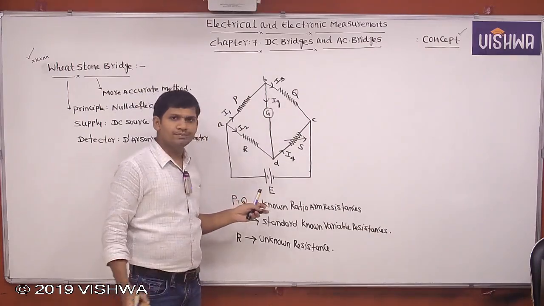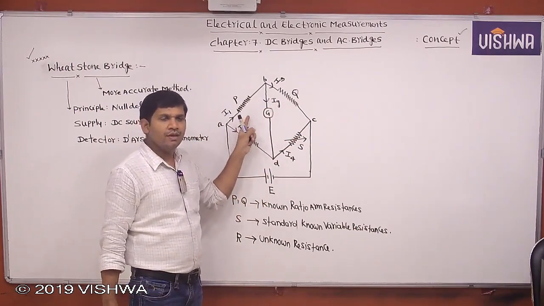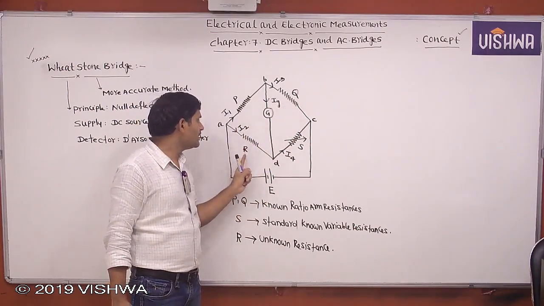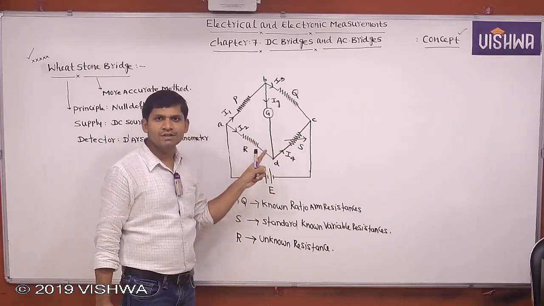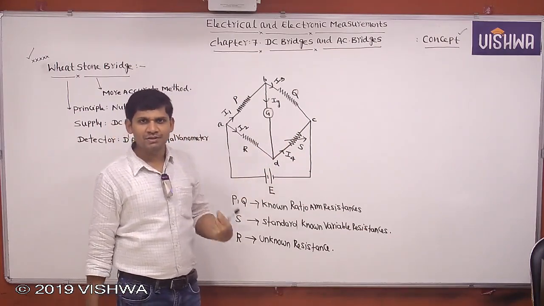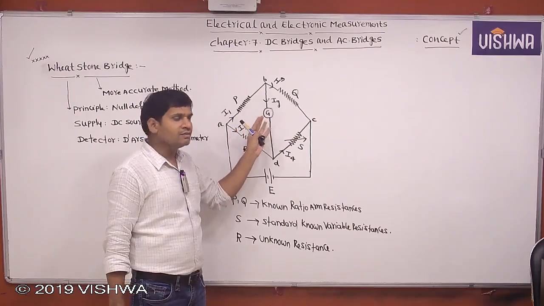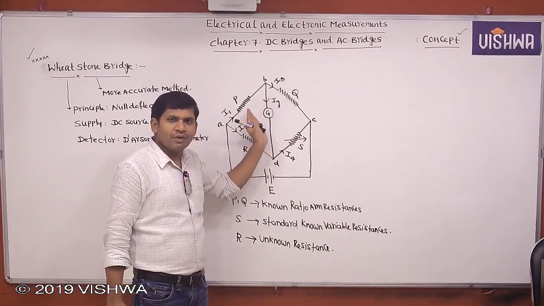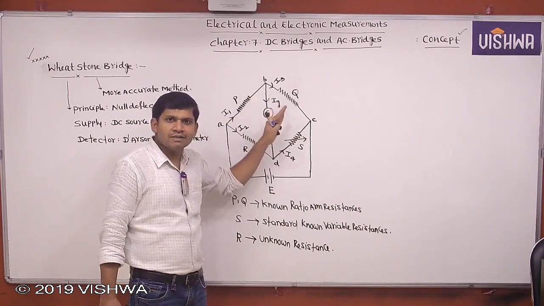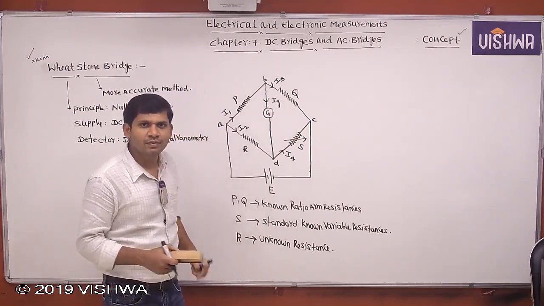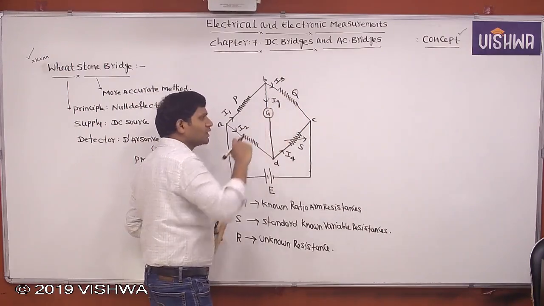Let us assume that with these values of resistances P, Q, R and S, the bridge is balanced. If the resistance value of any arm changes beyond this, then we can say the bridge is unbalanced. But with this position, let us assume the bridge is under balance condition.